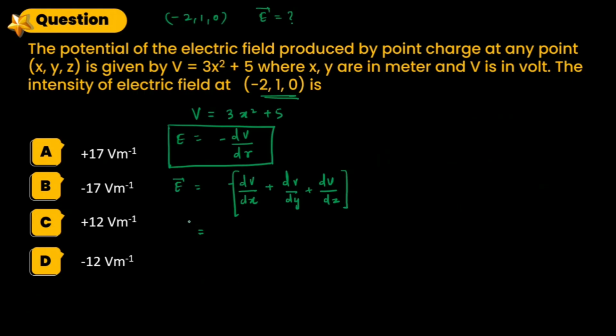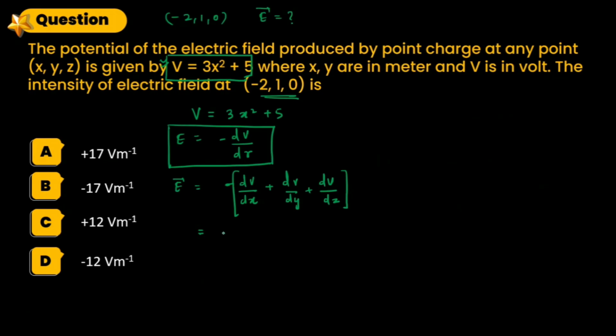As you can see, the potential has only an x component in it. So if we substitute it, we're going to have an electric field only along the x-axis, not y, not z, because there is no such component present in this relation for potential from y and z.